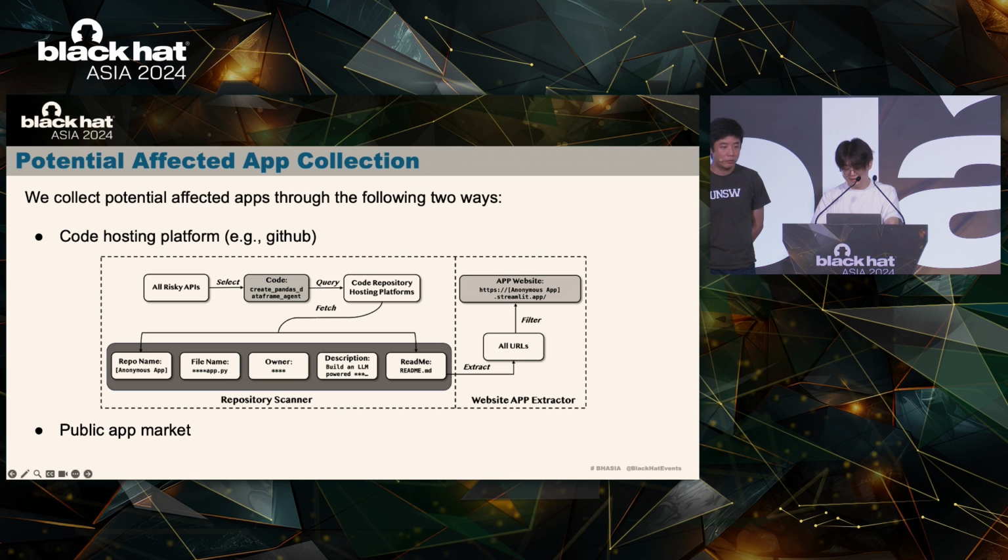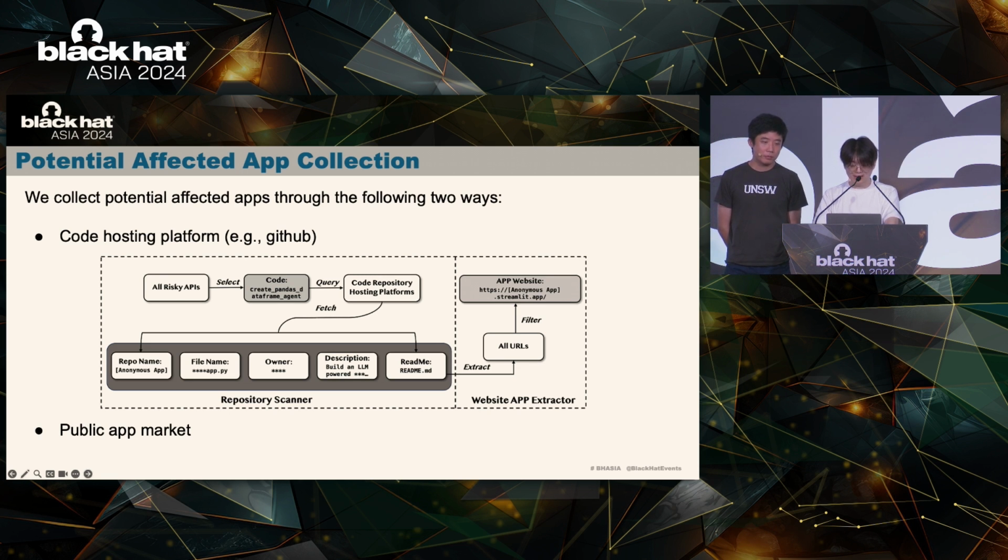Then we extract key information such as repository name, descriptions, and README files, because public deployed apps typically include their deployment URLs in this information. We extract all the URLs first, and then apply rules to filter out noisy URLs that we don't need. Thereby, we can select the public deployed URLs of the apps.